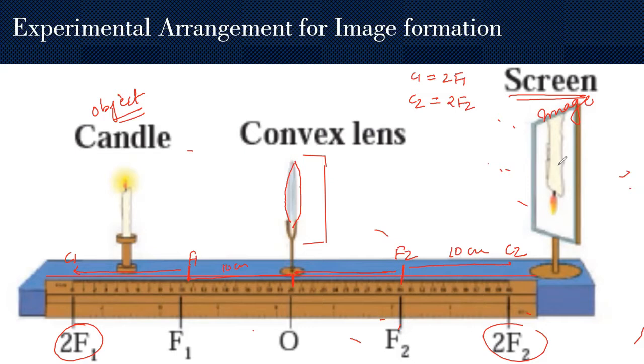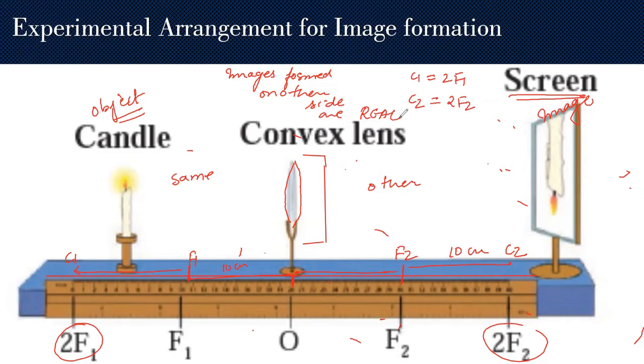So from here, just take an idea. In case of lenses, images which are formed on the other side of the lens are going to be real images.